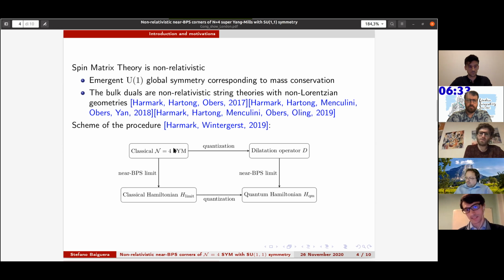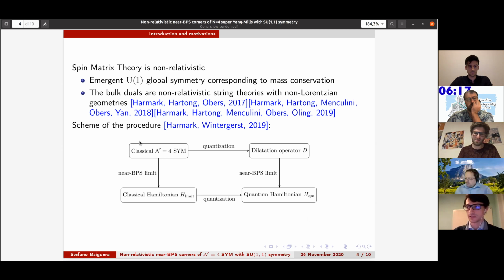In this scheme, I describe the procedure that we follow in this talk to obtain one such spin matrix theory Hamiltonian at the quantum level, starting from the classical N=4 super Yang-Mills action.